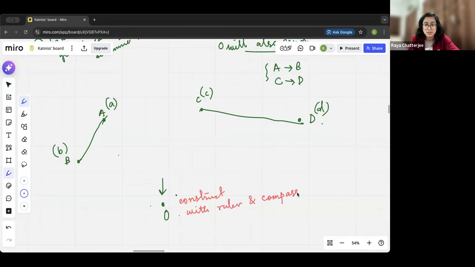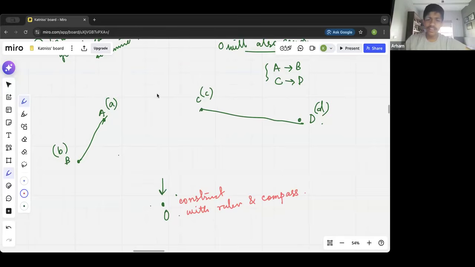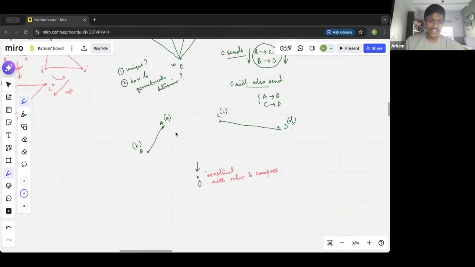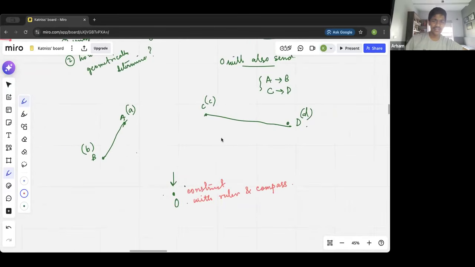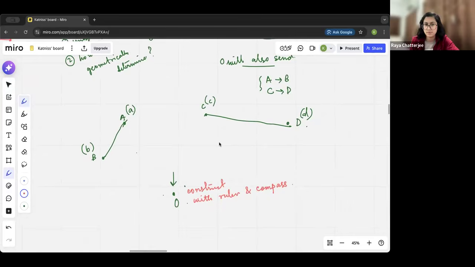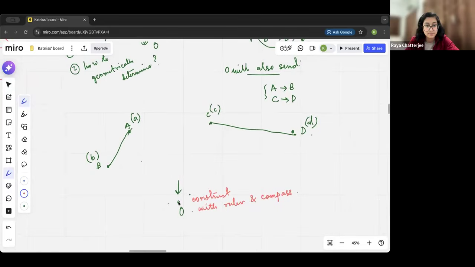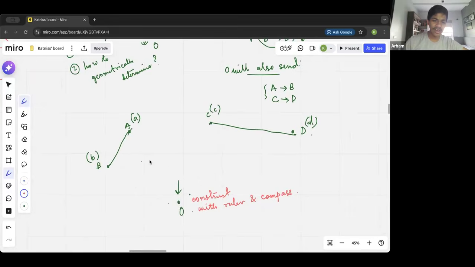Arham, does this answer your question? Okay, yeah. If there is a center which does this, why will it still be similar? If you rotate around O and send A to D, why will OAB be similar to ODC?